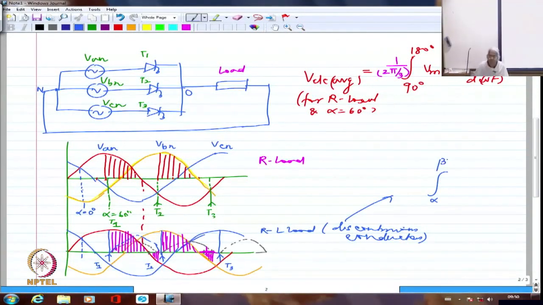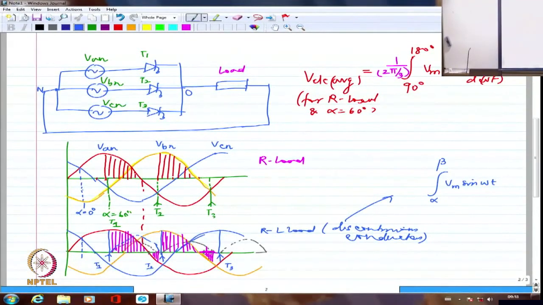And if I write this as Vm sin omega t, it is not correct. Why so? No, omega t equal to 0 corresponds to alpha equal to minus 30. So when I put the limits, I better be careful.